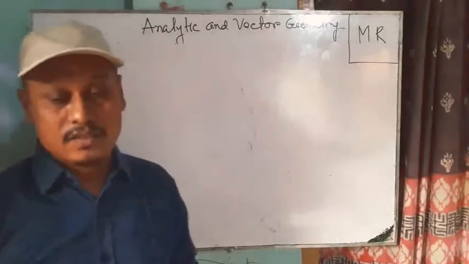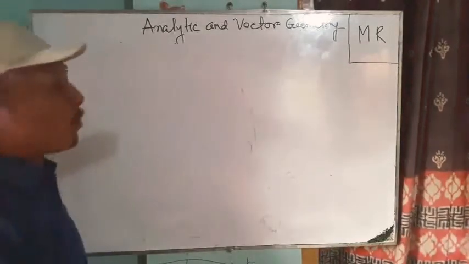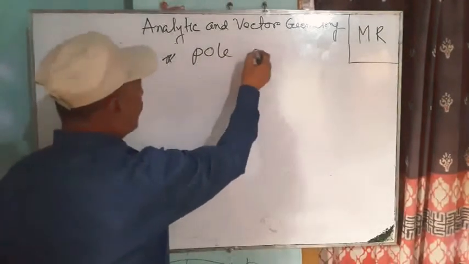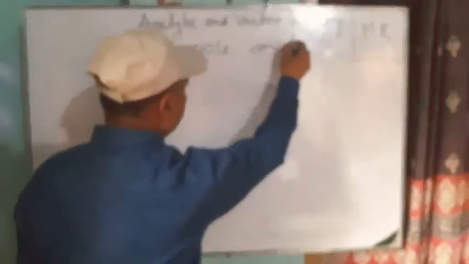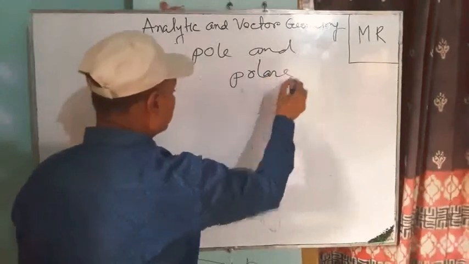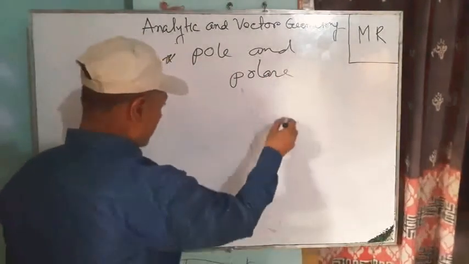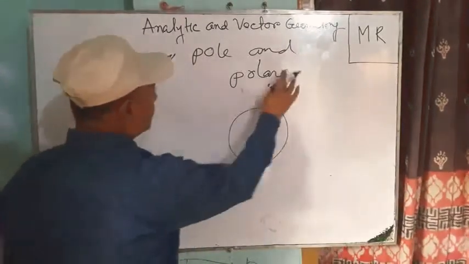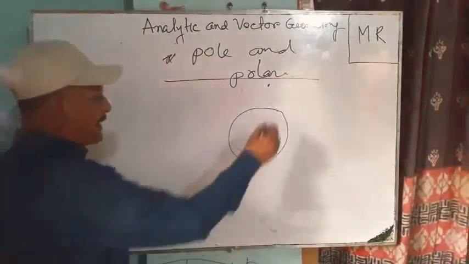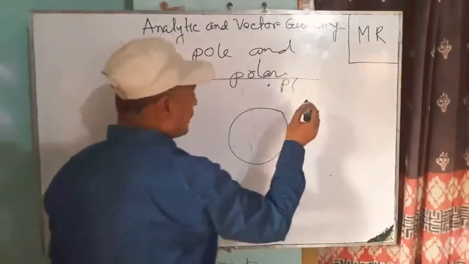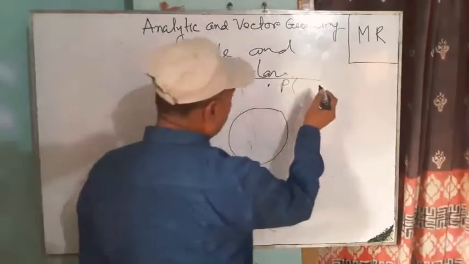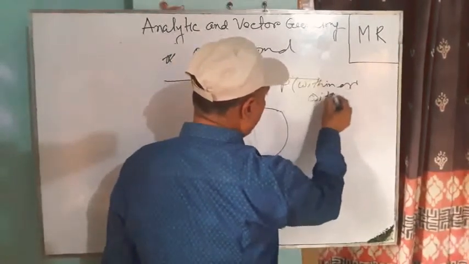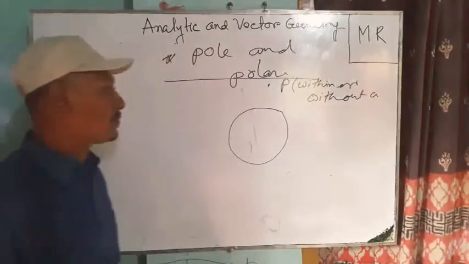Now we will discuss pole and polar. Let a point P be within or without a conic.